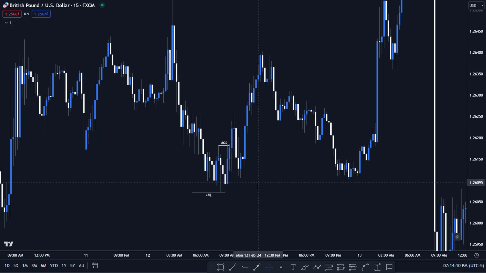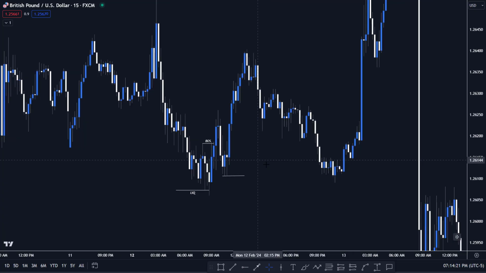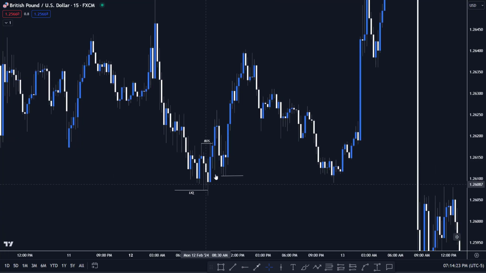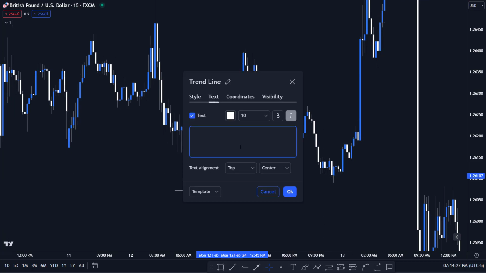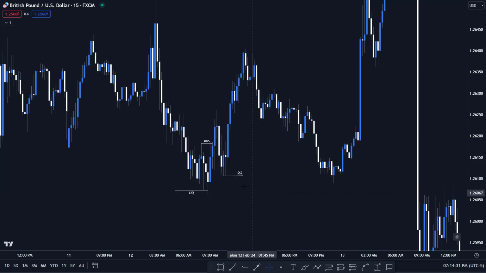So after that breakup structure, price will then come back and give us a slight pullback. That slight pullback is what we call an inducement, inducing early buyers into pushing long, right? So early buyers will be trailing their stop losses under these old lows right here. So we're just going to put that as liquidity to the right. Boom.